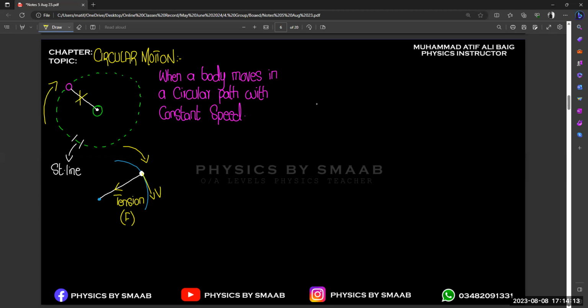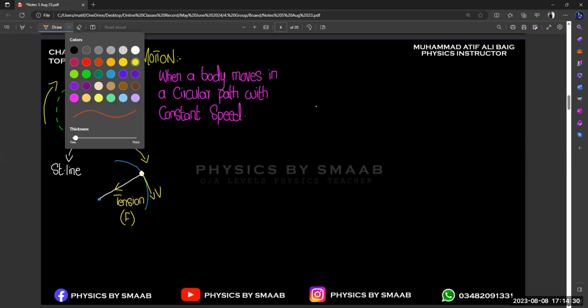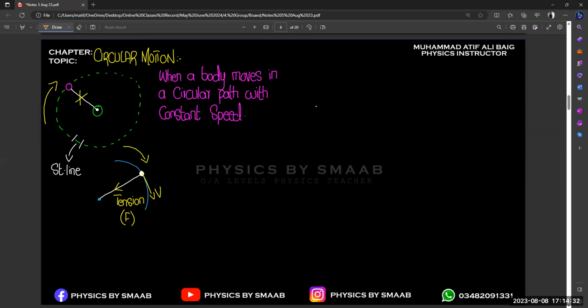In which direction will the body move? Any idea? The tension is gone, so it will go straight from the path it was on. So the body will always move in a straight line. If it breaks over here, it will move straight like this.